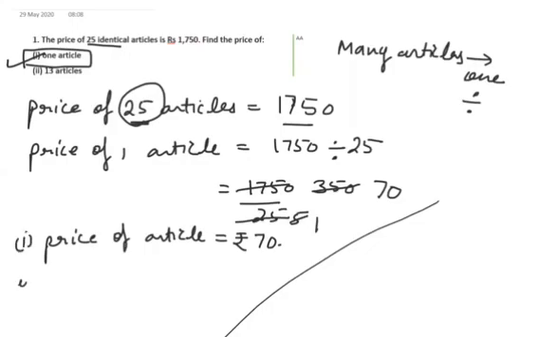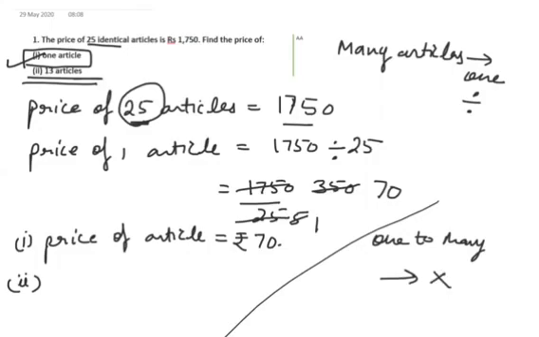Now we are going to do the second part of this question. In this part, we have to find the price of 13 articles. We know the price of one article, and if we know the price of one article, we can find the price of many articles as well. So when you have to go from one to many, you have to multiply.